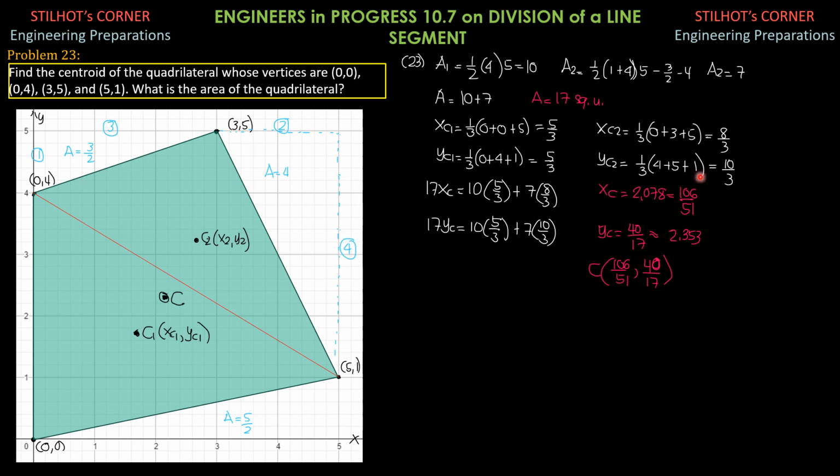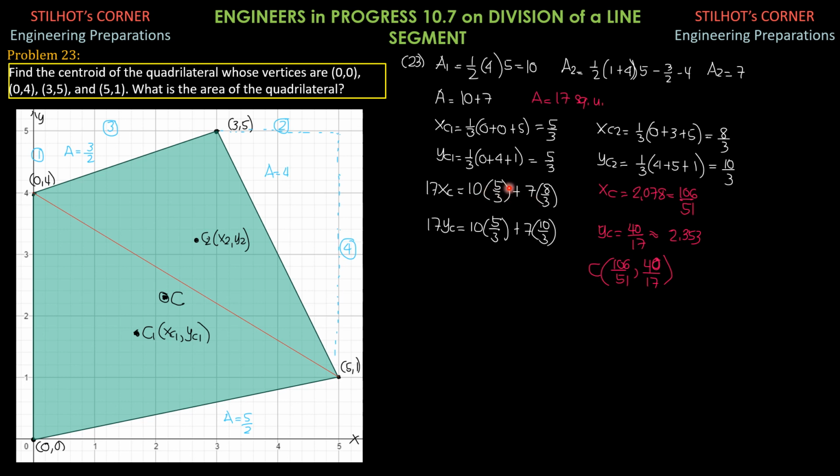Then by Varignon's theorem, total area 17 times x sub c, the coordinate of the centroid for the entire quadrilateral, is equal to area 1, 10 square units, times x sub c1, 5/3, plus area 2, 7, times x sub c2, 8/3.